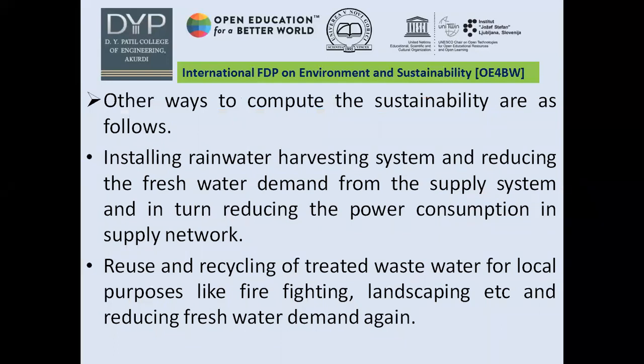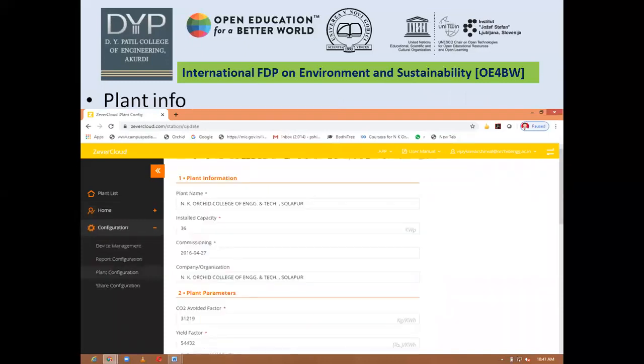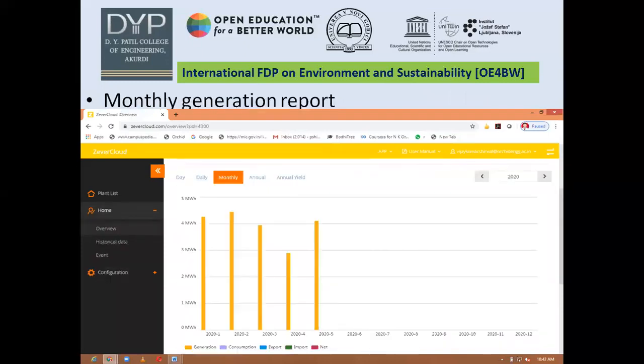So after looking at the previous graphs, it means very clearly that we are avoiding the CO2 emission, and we are moving a step towards maintaining environment and sustainability.